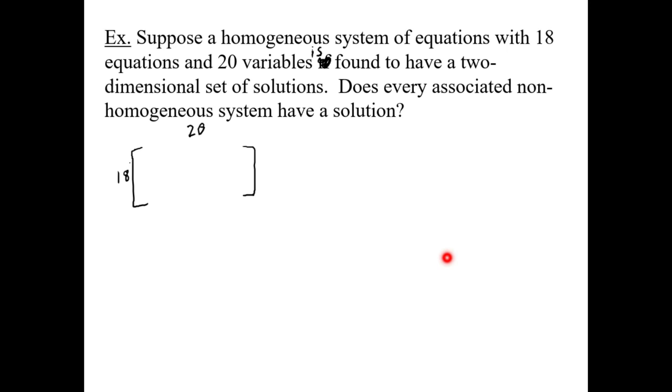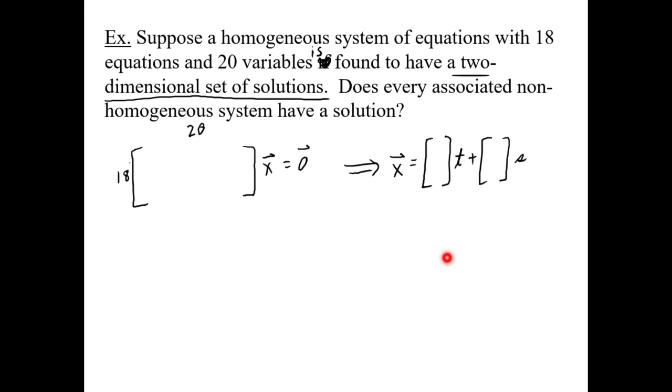Now, once again, we're told that there's a two-dimensional set of solutions. And remember, we're setting A times x equal to the 0 vector, because this is a homogeneous system. What that tells me is that x has a two-dimensional set of solutions. That means that x can be written as some vector times one parameter plus some other vector times another parameter.